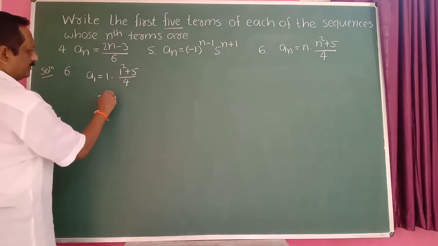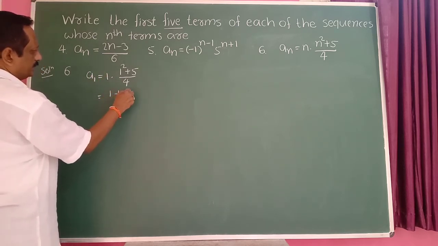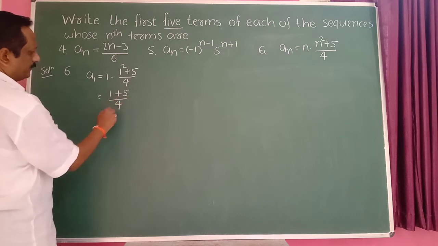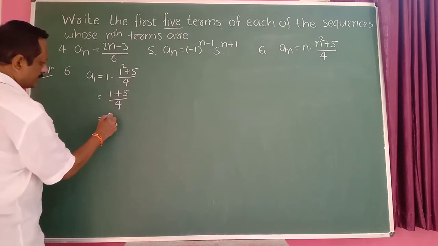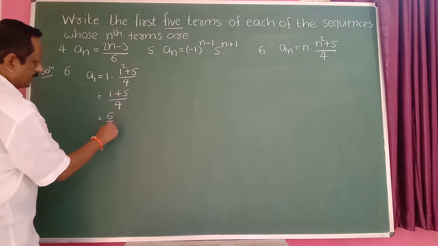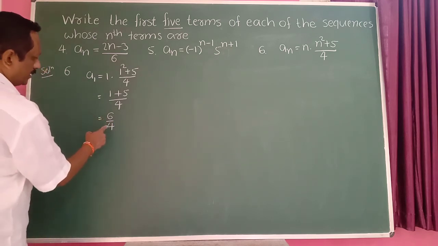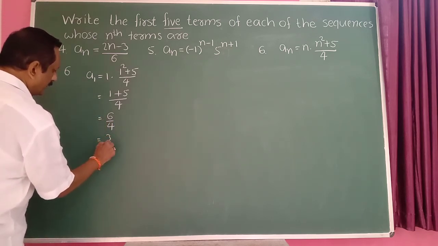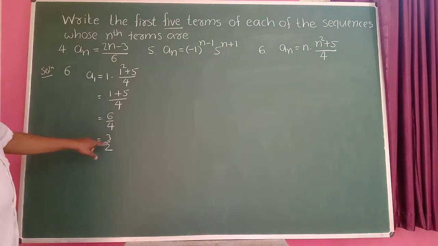Write the direct 1 squared. 1 squared is 1 plus 5 divided by 4. 5 plus 1 becomes 6 divided by 4. 2 3s are 6, 2 2s are 4. So 3 divided by 2. So this is a1 here.